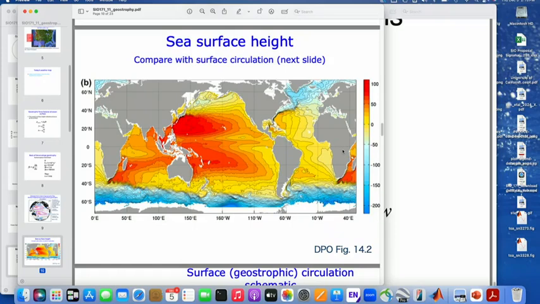Let's say this line is pretty much a north-south line. So that means it's going to be either northward or southward. And it's the southern hemisphere. So what's the rule in the southern hemisphere? The high is on the left. So which direction is it going? North. There we go. Okay, get the idea, right?